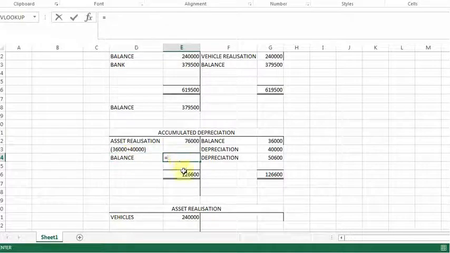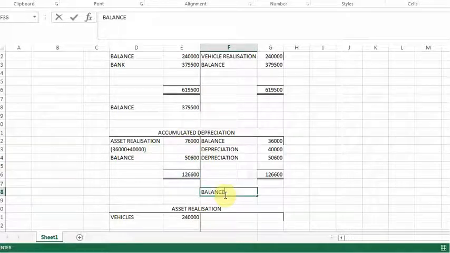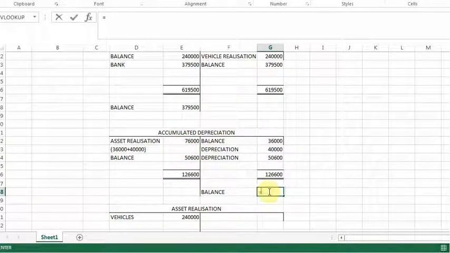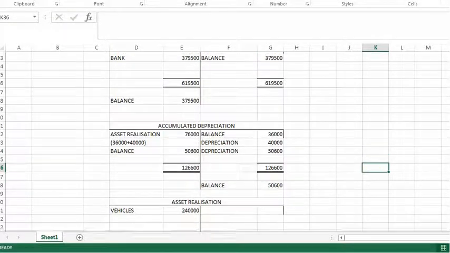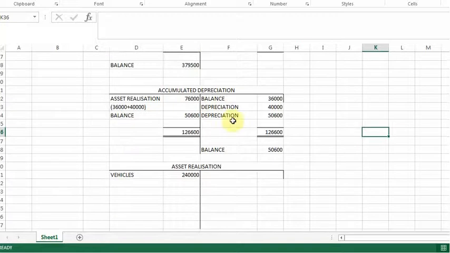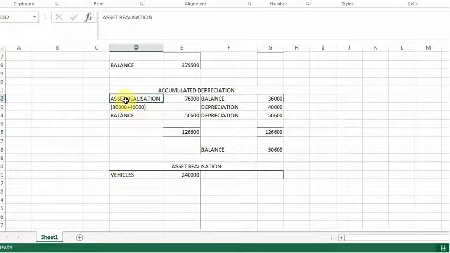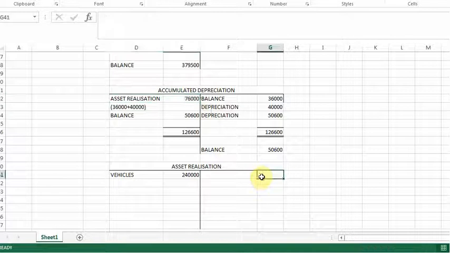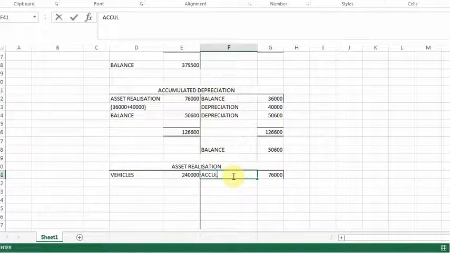That will be the difference between those two, and I am going to need a balance that is brought down, and that will be then the exact same value as the balance brought over, 50,600. In the asset realization account, we have to make the credit entry. So there lies a debit entry. Here we will put a credit entry for the accumulated depreciation.